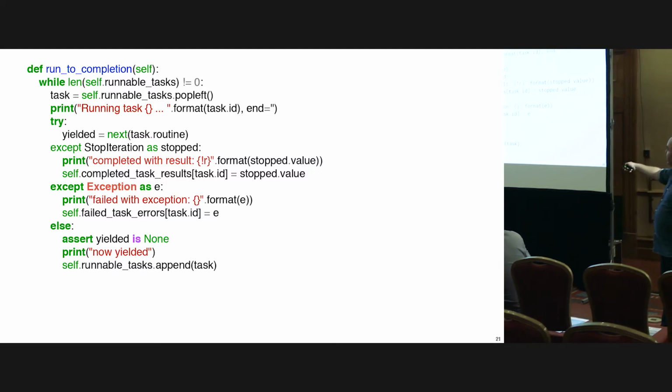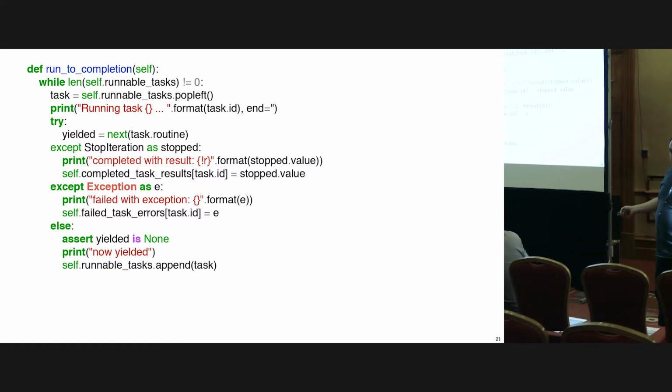If calling next raises StopIteration, we know the task is complete. So then we get the value from the StopIteration exception and stick it into our dictionary of task results against the task ID. If we get some other exception, something has gone wrong, and so we get the exception object and stick it in the dictionary of failed task errors against the task ID.